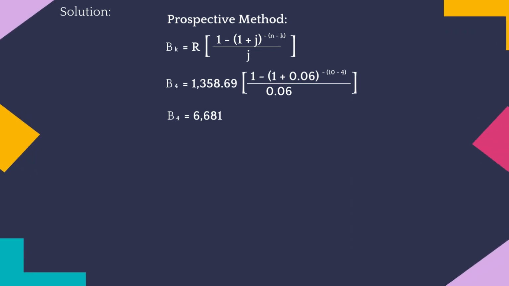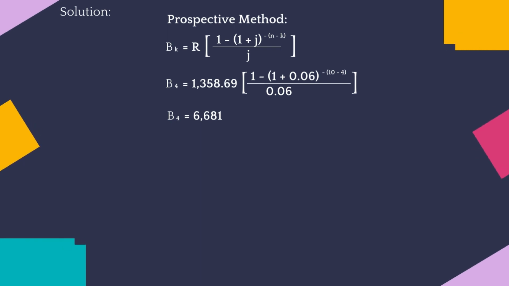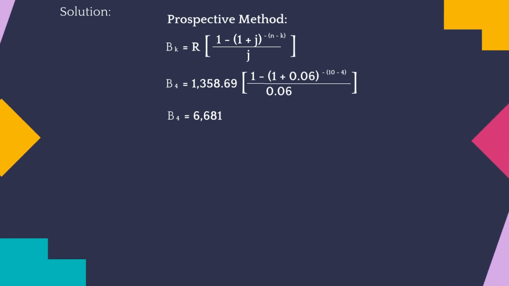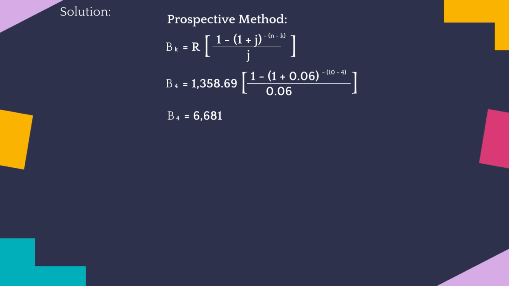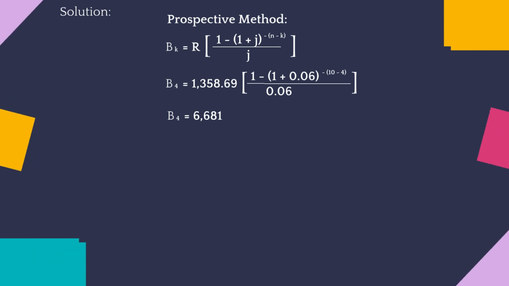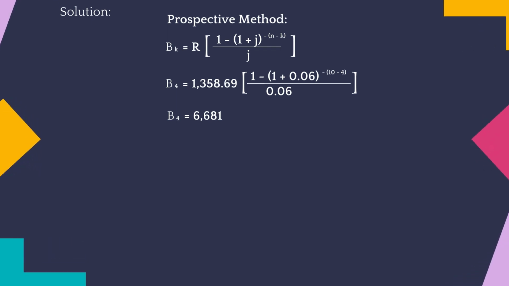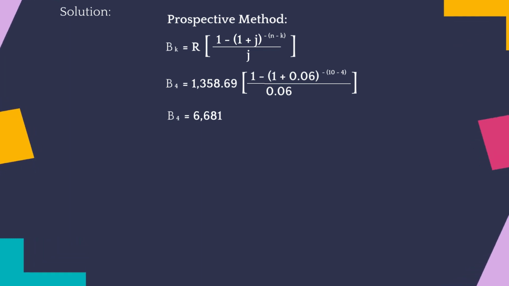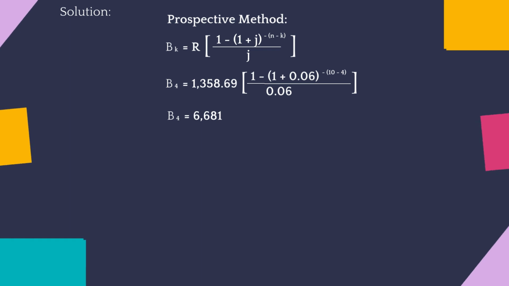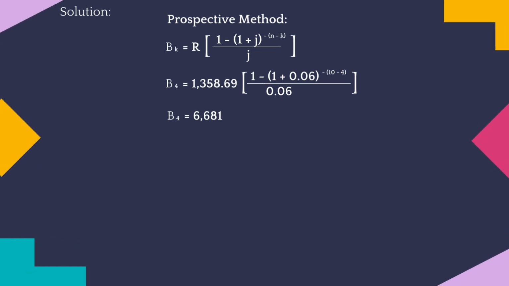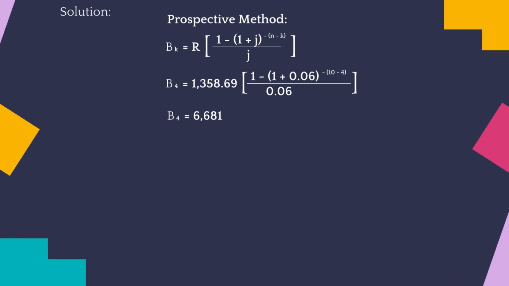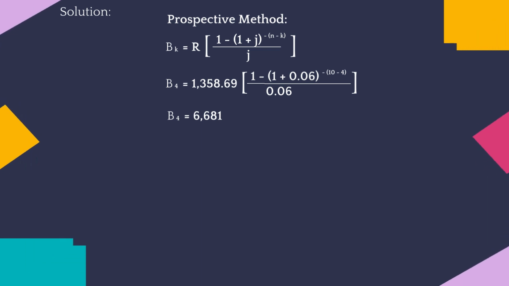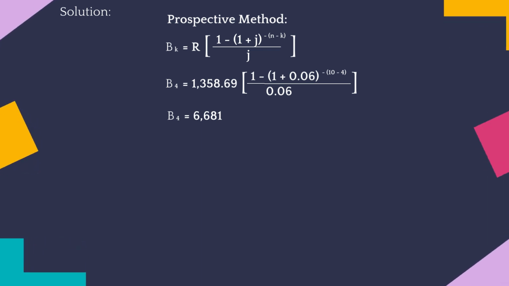Bk equals R times 1 minus 1 plus J, which is 0.06, to the power of negative N minus K, which is 10 minus 4, all over J, which is 0.06, with R being 1,358.69. And lastly, let us calculate all the values.